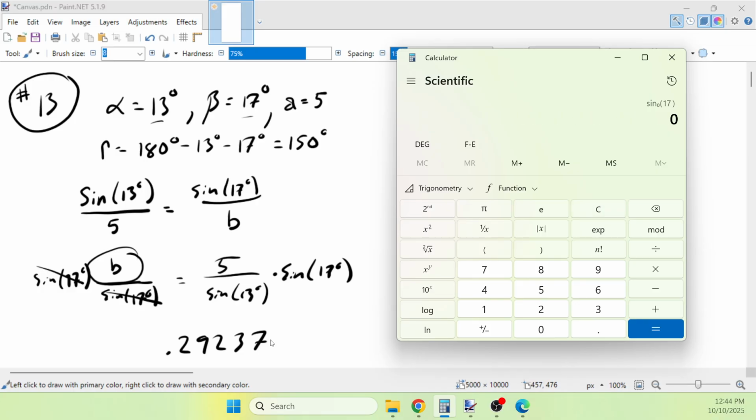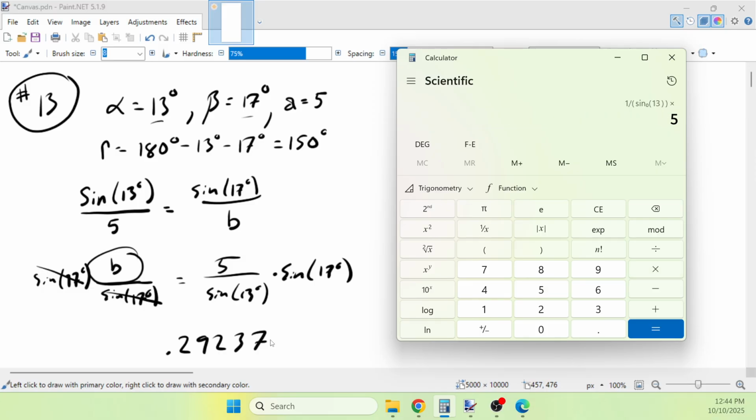Okay, then I clear everything. I'm going to do 13 degrees, take the sine, then the reciprocal. This is now 1 over sine of 13 degrees.